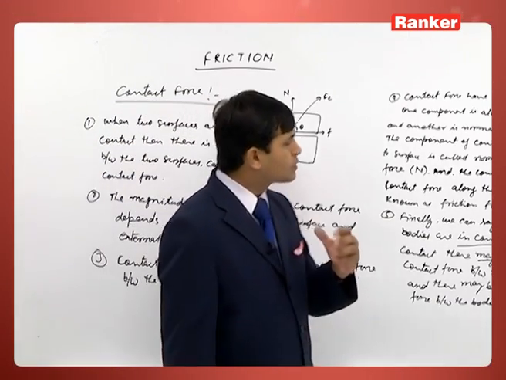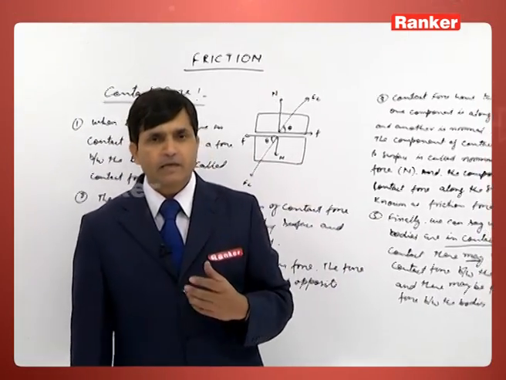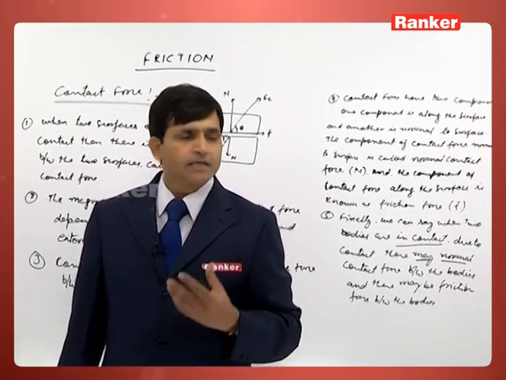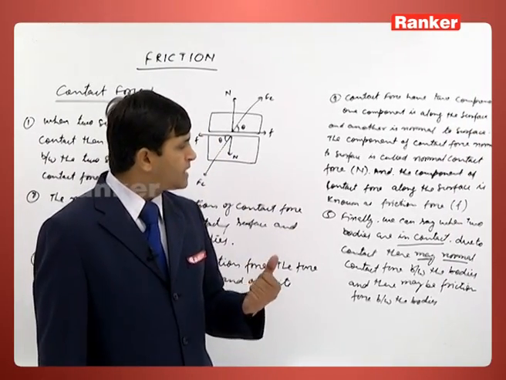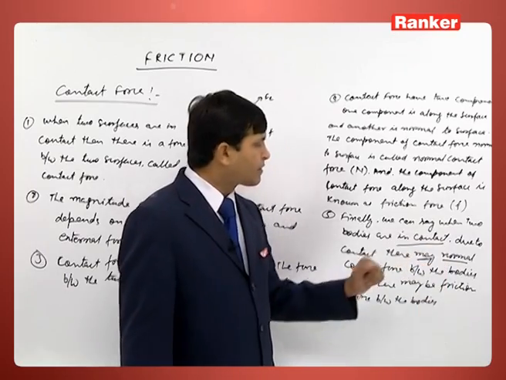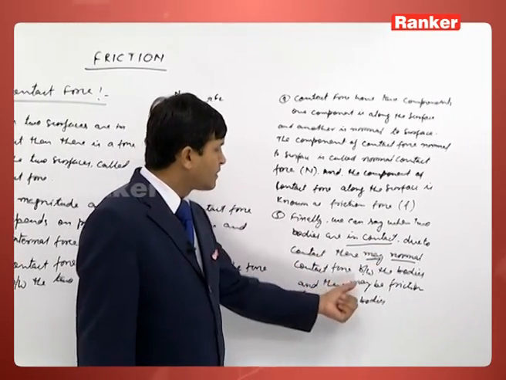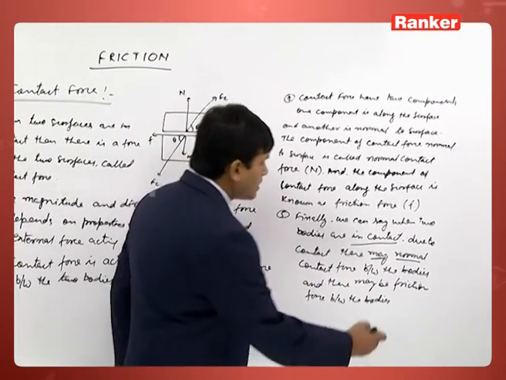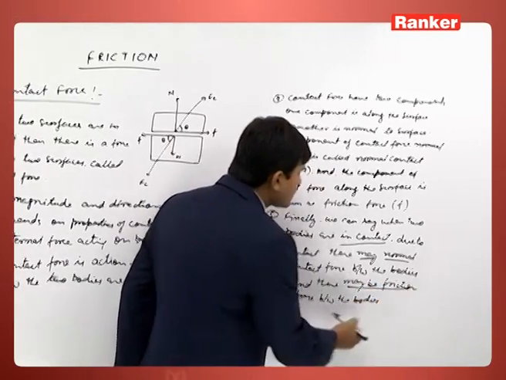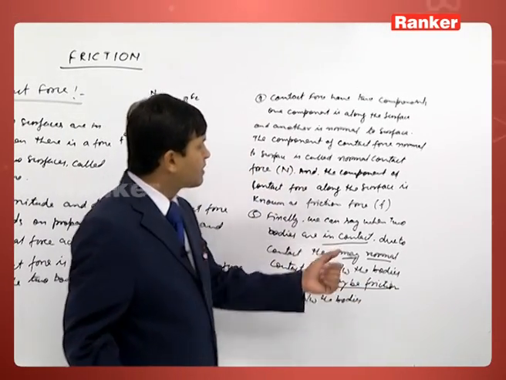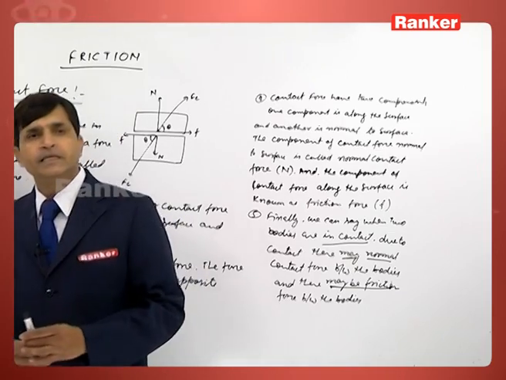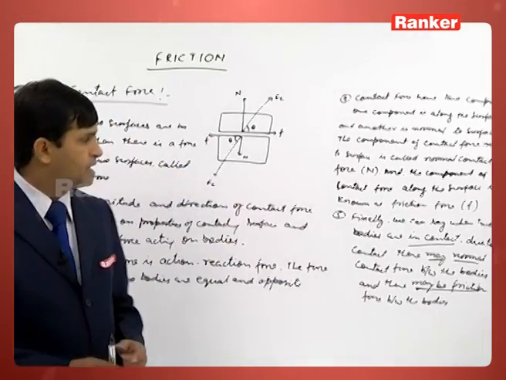Until those forces and the nature of the contacting surfaces are defined, we cannot say there will always be a normal force or always a friction force. The friction force may be there, and the normal force may be there, depending on the other conditions.